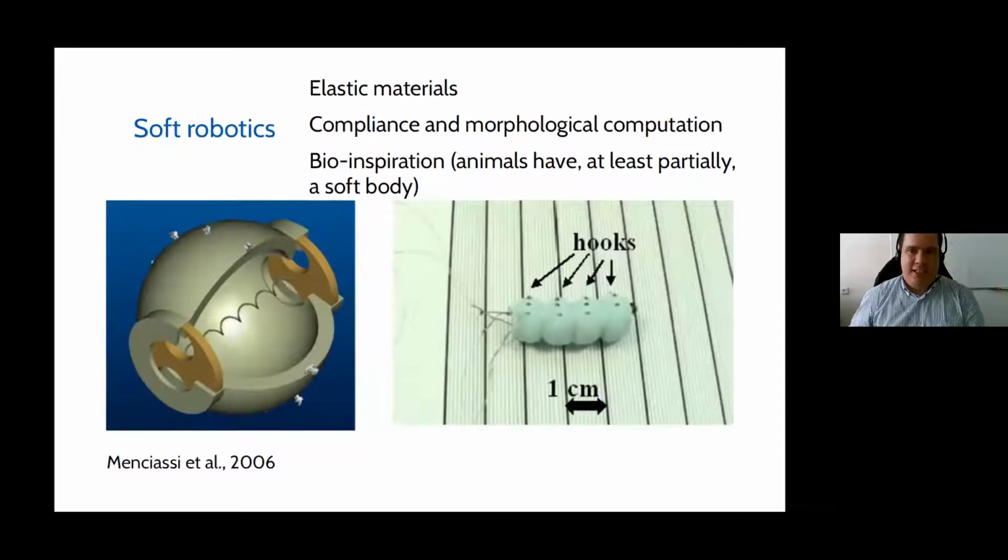Okay, and the other characteristic: one thing they do with these robots is that they are imitating those animals. The other thing is that they are using elastic materials in building all these examples I showed you before and many others. And this falls within a larger framework that is soft robotics. The idea is the elasticity of the body. So the materials give the robot some special capability of compliance.